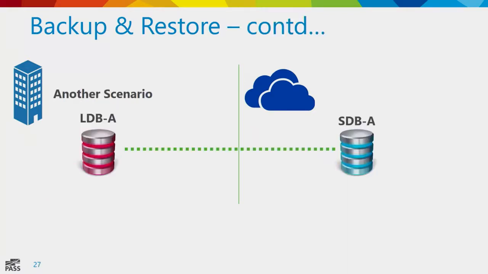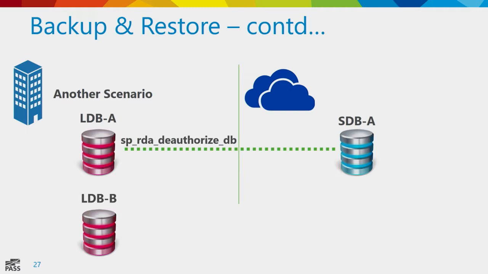Imagine you have a local database called LDBA, and you have a stretched database in the cloud called SDBA. Now I'm going to create a copy of LDBA as LDBA-B. If I have to disconnect this connection and connect LDBA-B instead, all I have to do is simply run sp_rda_deauthorize_db.